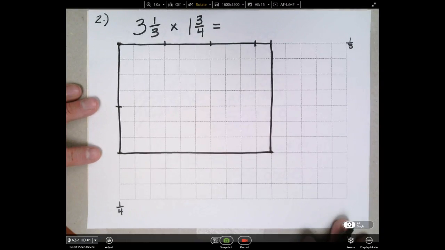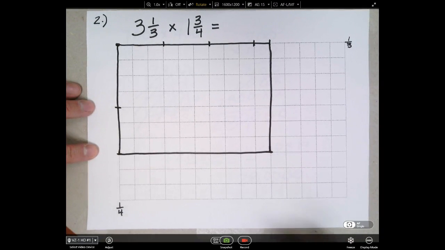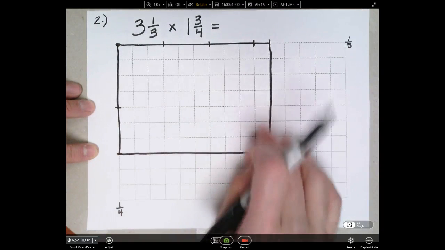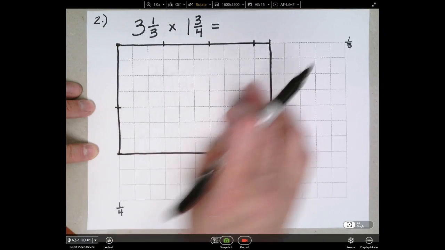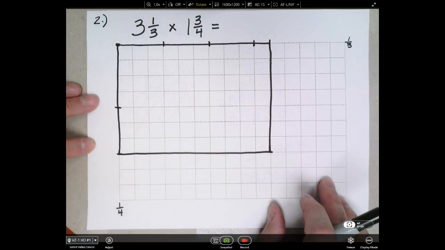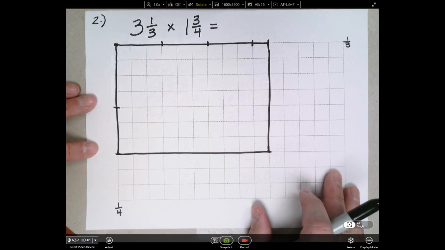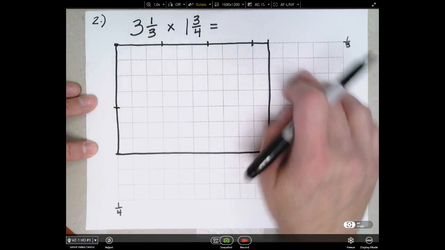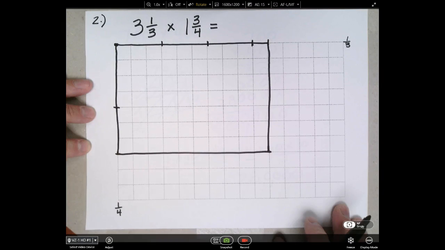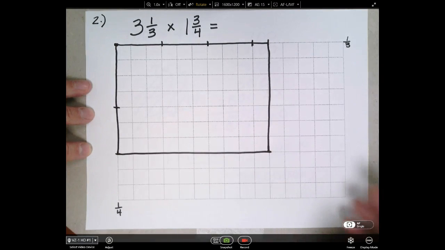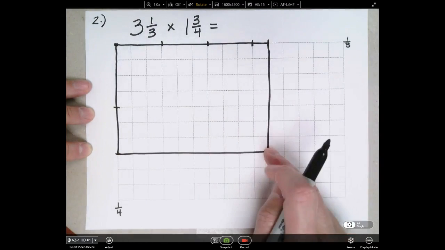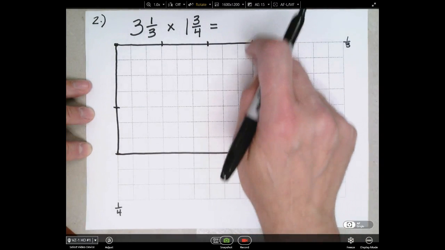And the next step that we're going to take, again, is just to look at the number of boxes that are inside of the rectangle. How many boxes do we find inside the rectangle? Go ahead and find a strategy to figure out the number of boxes in the rectangle and record that over here. Do that now. Okay, you may have chosen a different strategy than what I'm going to do, but what I chose to do was count how many boxes are going down. 1, 2, 3, 4, 5, 6, 7.